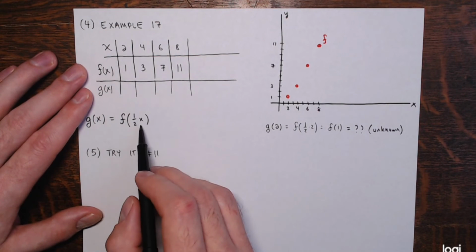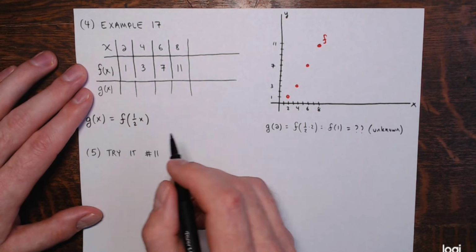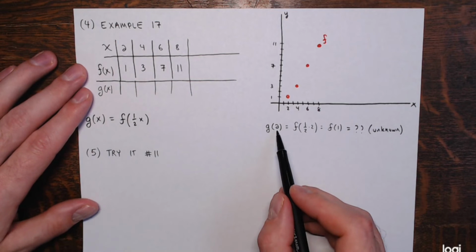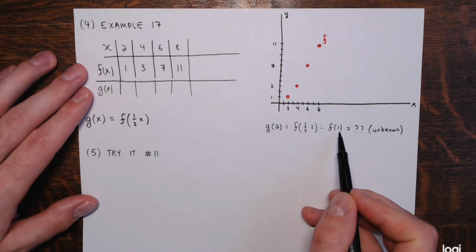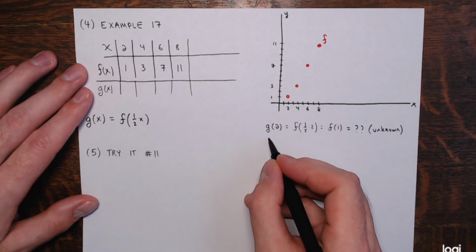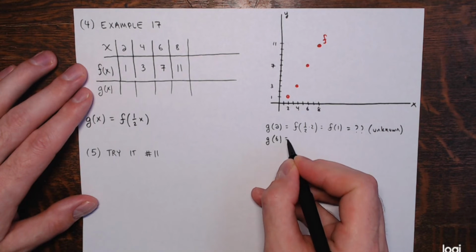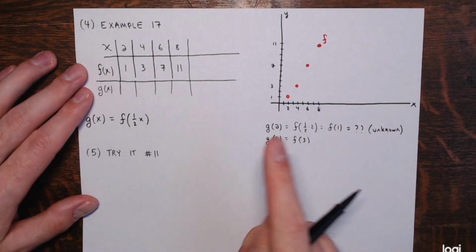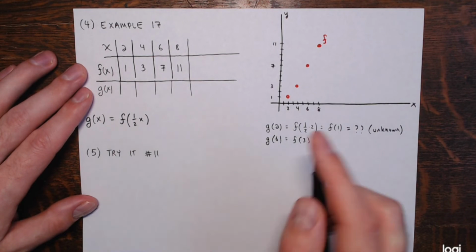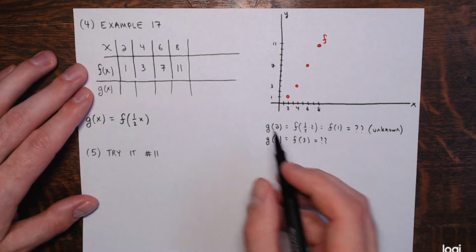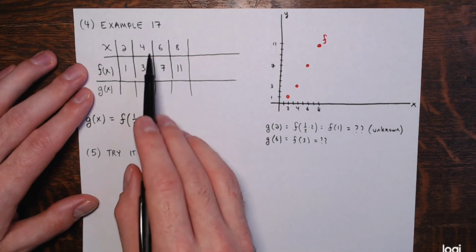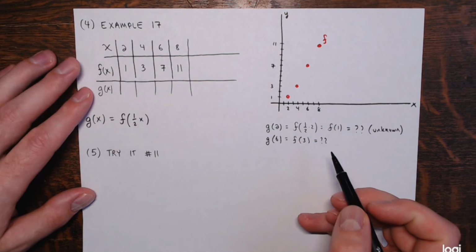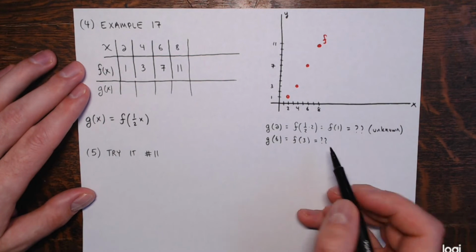That'll give me f of 2, which I know, but when I plug in 2 for x, I don't know f of 1. If I plugged in 6 for x, that would give me f of 3, because it's half of 6. And again, I don't know this. What's f of 3? I only know f of 2, f of 4, f of 6, and f of 8. I don't know f of 3. Same thing for 8, well, I guess g of 8 would work out. But these two are no good.